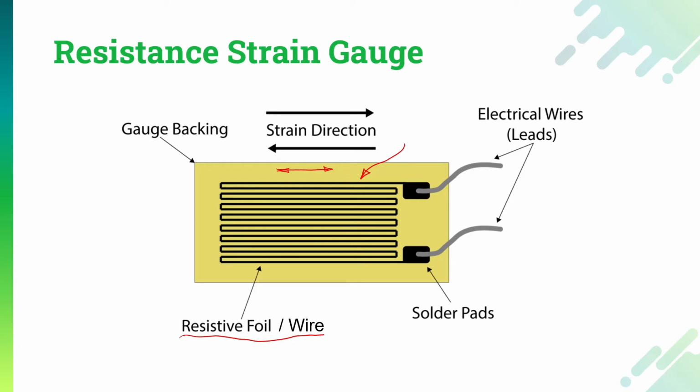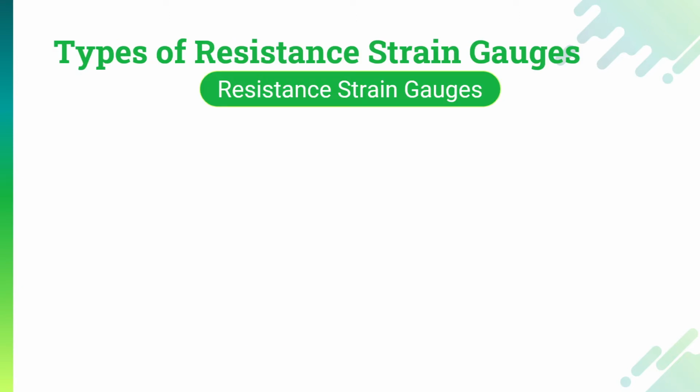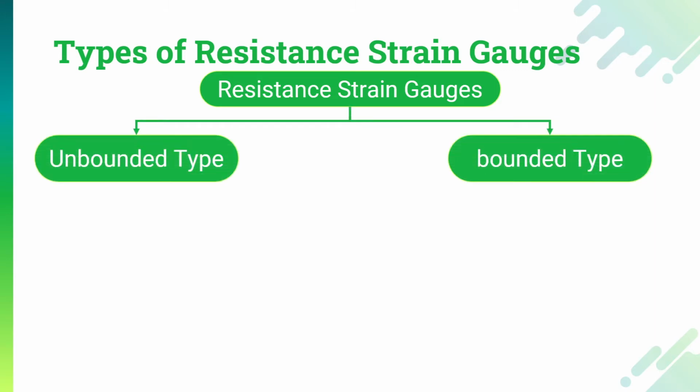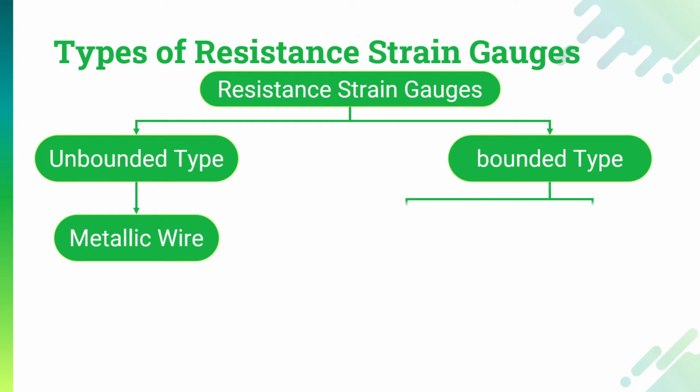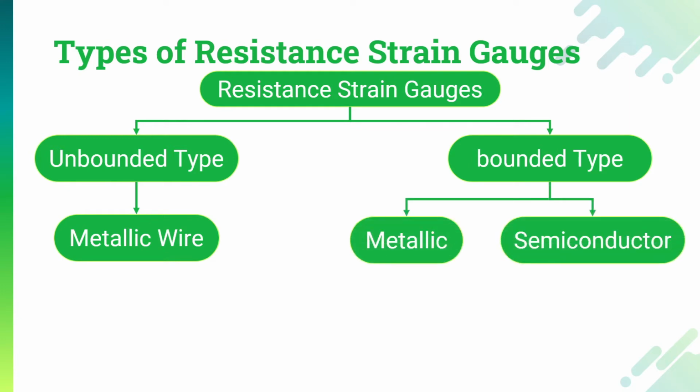So this is exactly what a strain gauge is. Now let us check out the types of strain gauges. Strain gauges can be categorized broadly into two parts. The first is the unbonded type strain gauges, and second are the bonded type strain gauges. Further, in the unbonded type we have the metallic wire. In the bonded type we have the metallic and the semiconductor strain gauges.